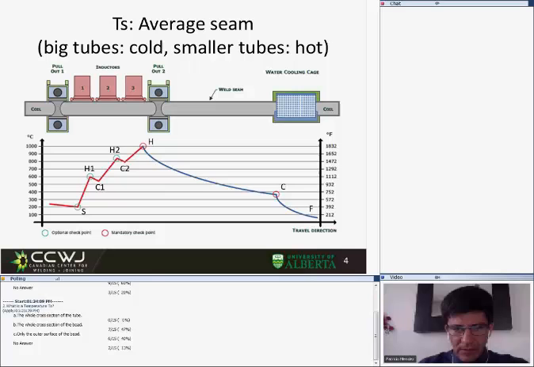Because using 100 Celsius degrees gives us a minimum length of 20 meters, but using 200 Celsius degrees gives us a length of 47 meters, which is more than double. If we use 150 Celsius degrees, this distance goes down to 29 meters. So I am a bit worried about this temperature, and I would like to check it.